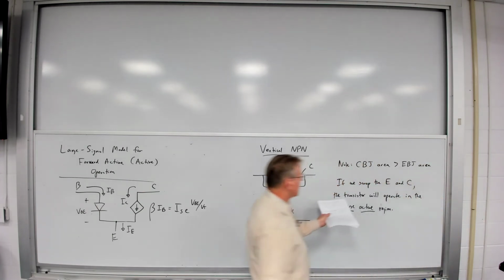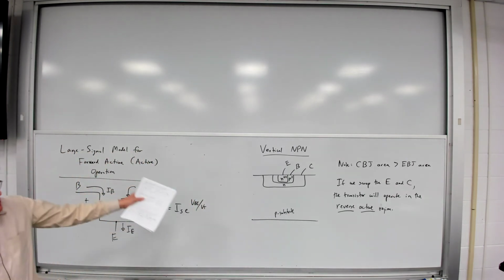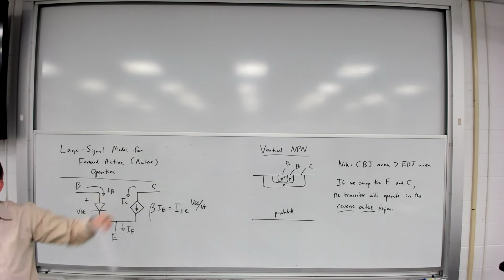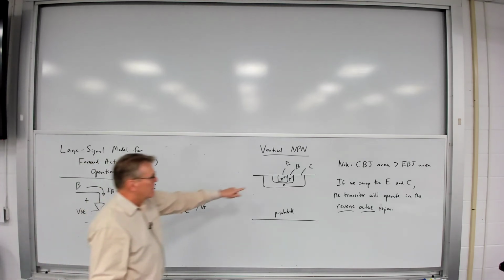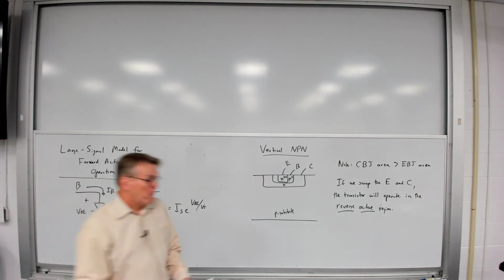If we swap the emitter and the collector, the transistor will operate in reverse active. So if I've got a transistor operating in forward active and I just swap the emitter and the collector, it'll keep on working. But the problem is the collector makes a terrible emitter and the emitter makes a terrible collector. What will happen is this.